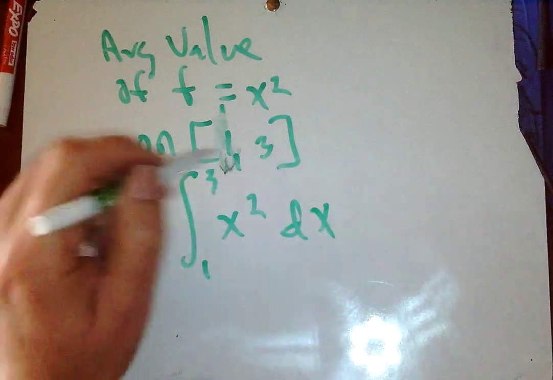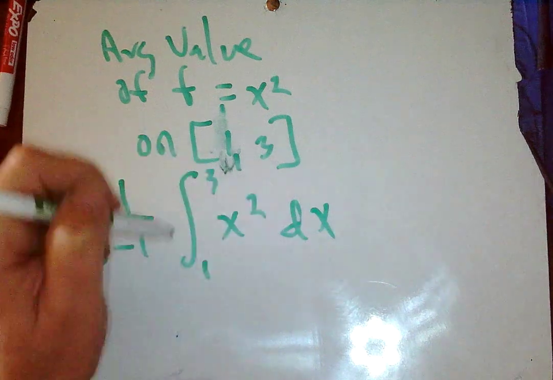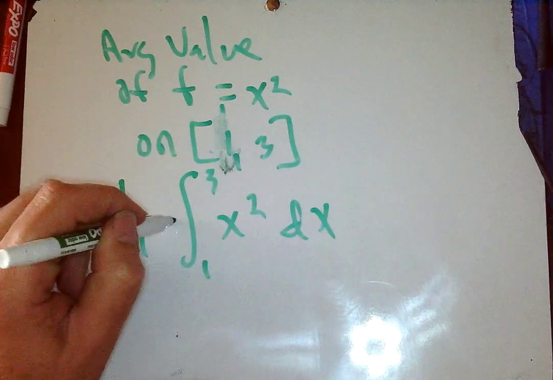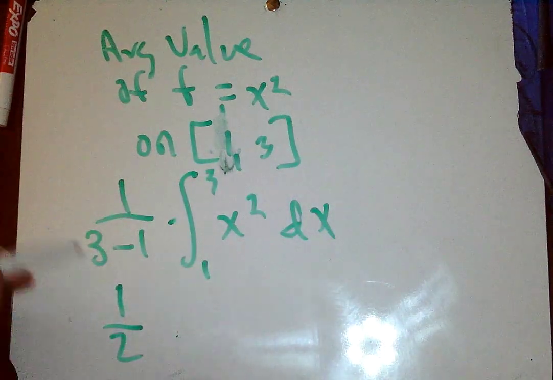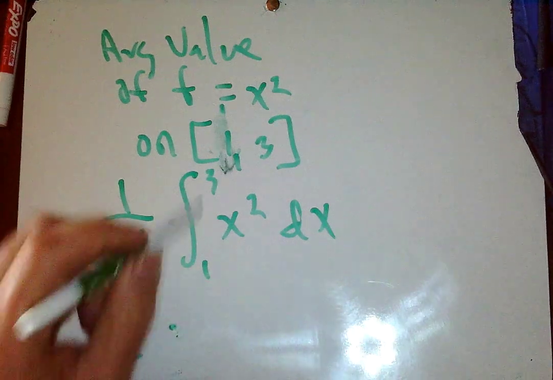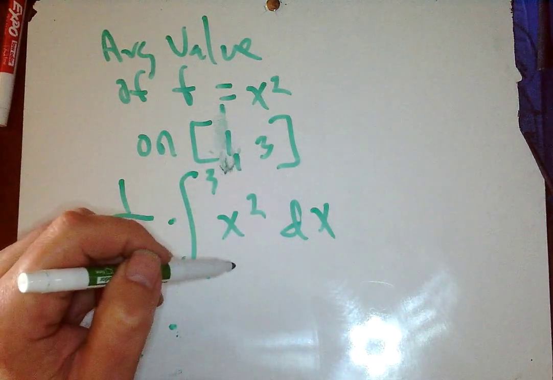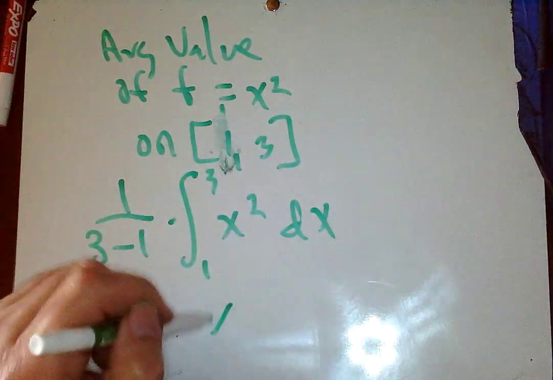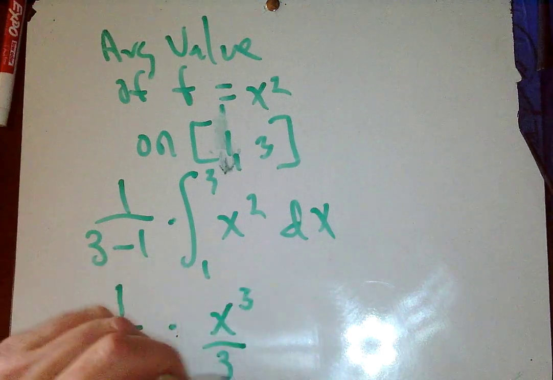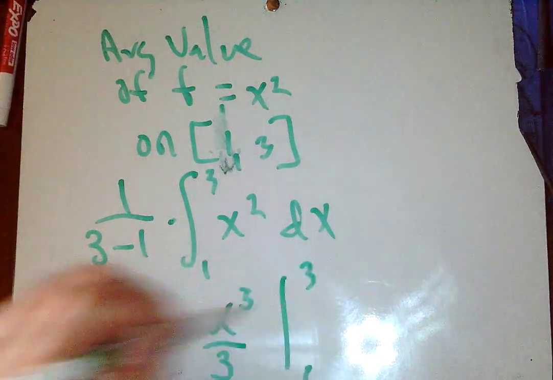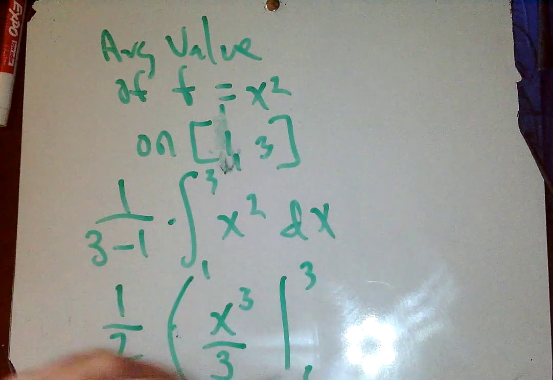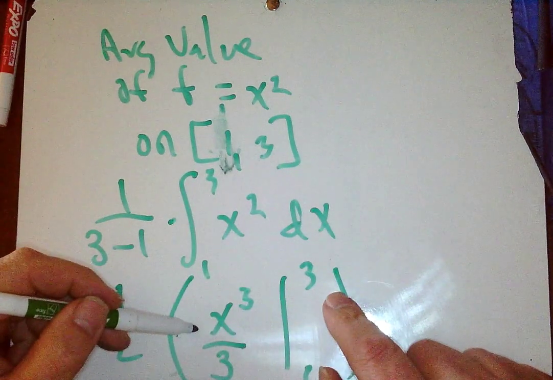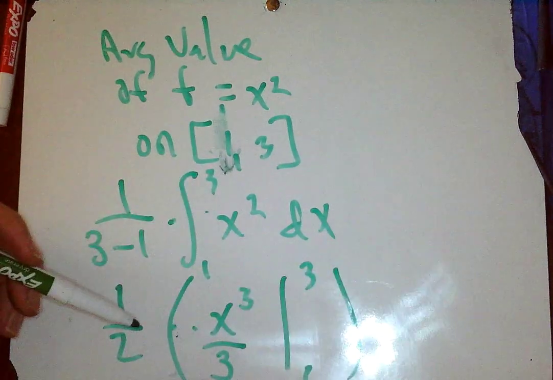And then I'm going to say, oh, how do I evaluate this integral? Well, to evaluate that integral, I want to use the antiderivative. The antiderivative of x squared is x to the 3 over 3, and I plug in a 1 and a 3. Great. I'm evaluating the antiderivative to find the value of the integral.